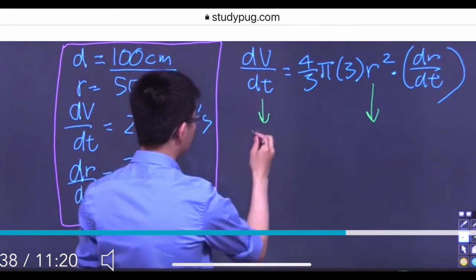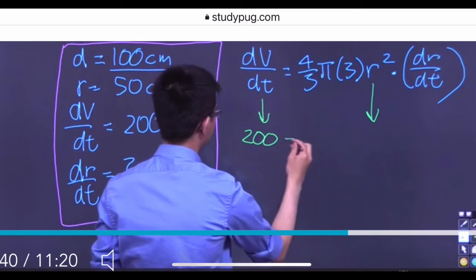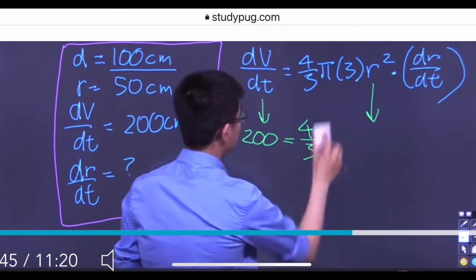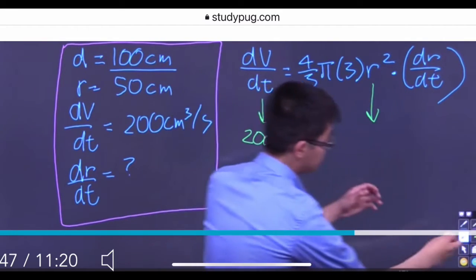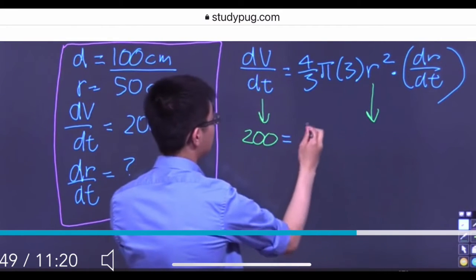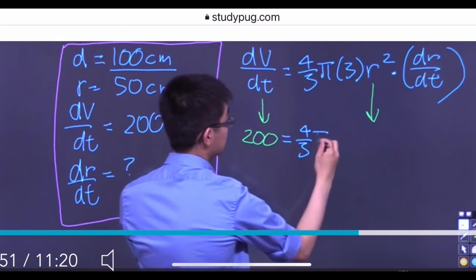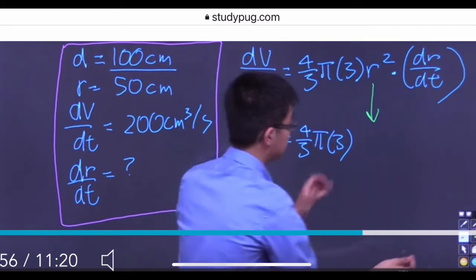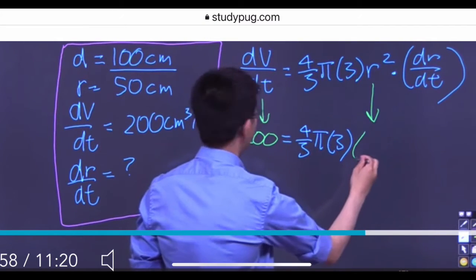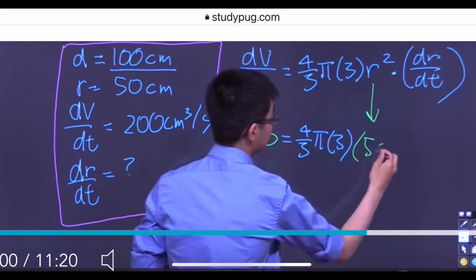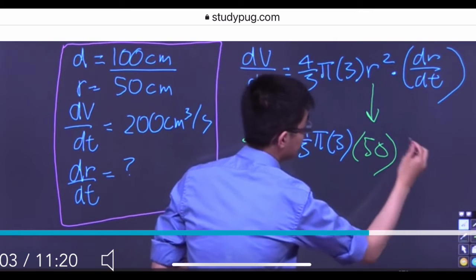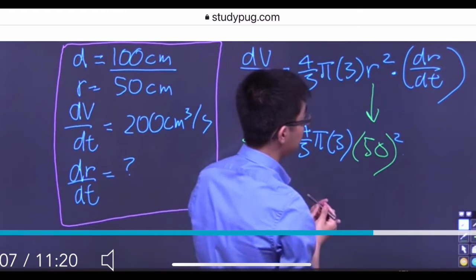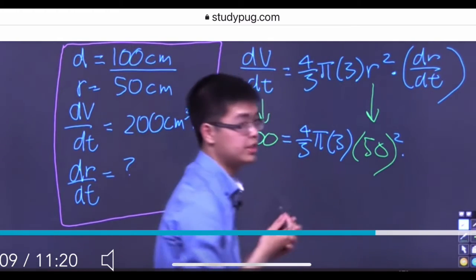We're going to get 200 is equal to 4 over 3 pi. I'll do this in blue so you can see what I'm doing here. I'm plugging it in. So 4 over 3 pi times 3, and the radius is 50, so this is 50 squared, and times what? dr over dt.